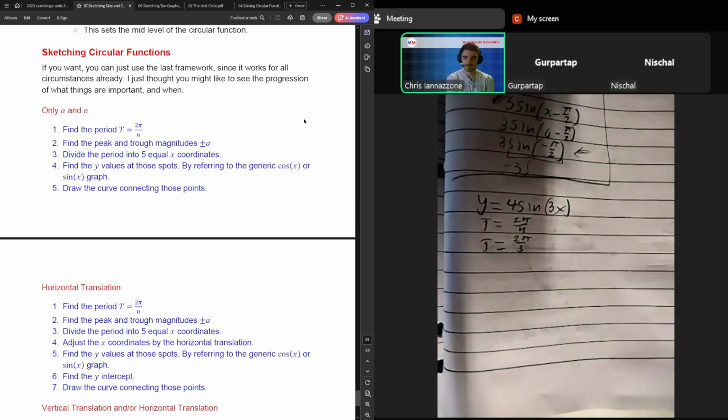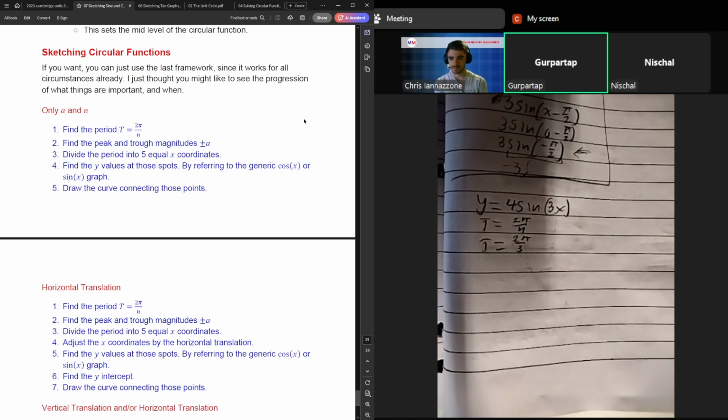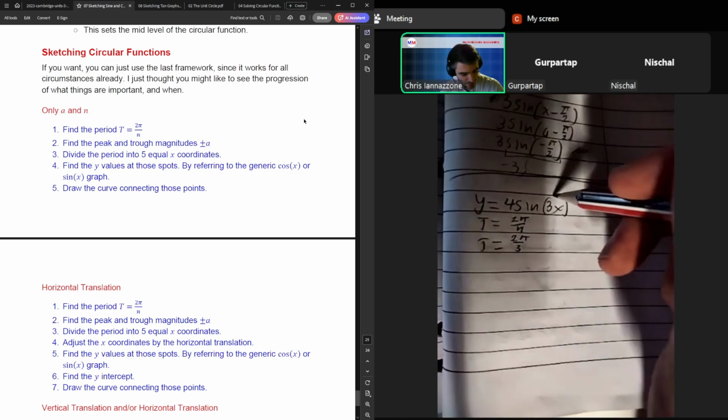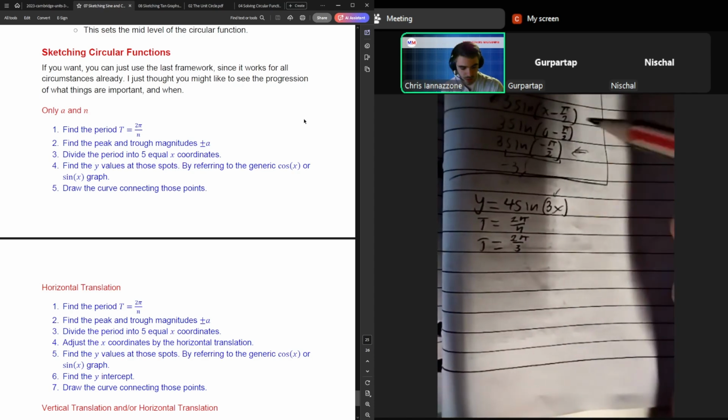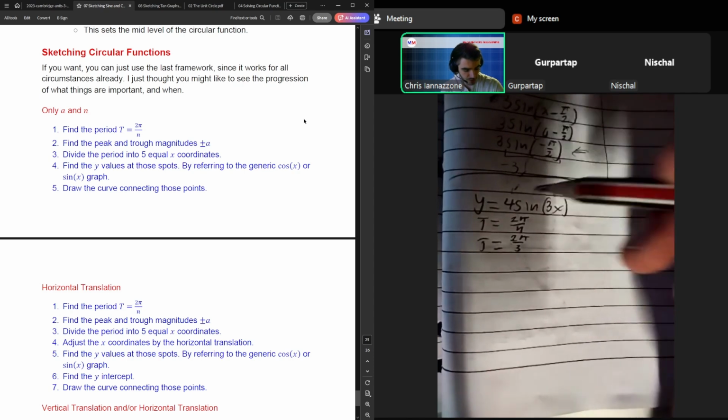Where do we go from here? Find the peak and trough through magnitudes. So what are they going to be? Is it just 3? So 3 is the n value. When it comes to peaks and troughs, you're looking for the a, which is over here instead.